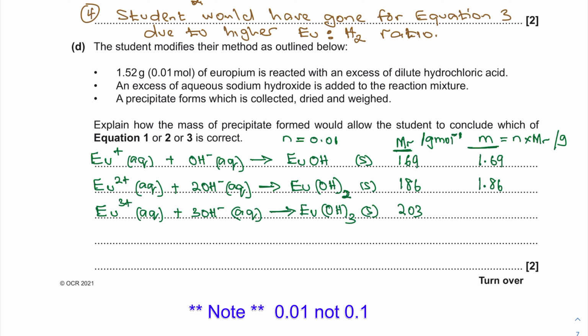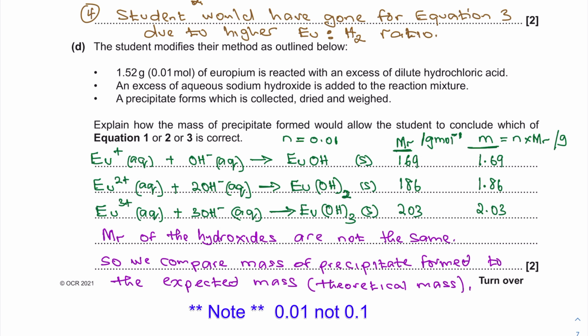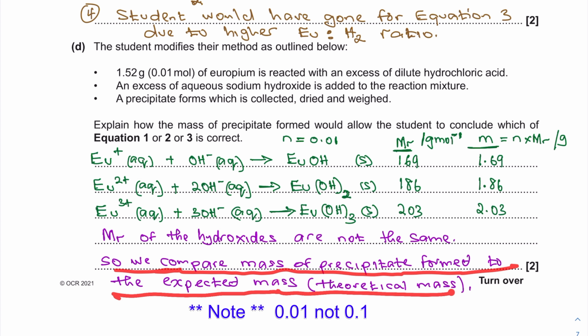This one will be 0.01 times 186, that's 1.86. 0.01 times 203 will be 2.03 grams. The relative molecular masses of the hydroxides are not the same. You can see they are different. So we would compare the mass of precipitate formed to the expected mass, the theoretical mass in this case.